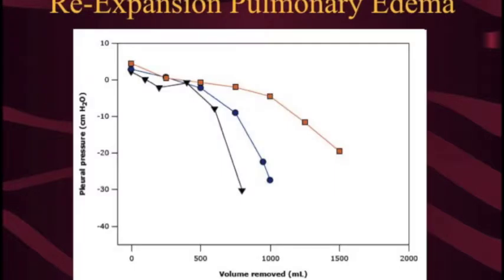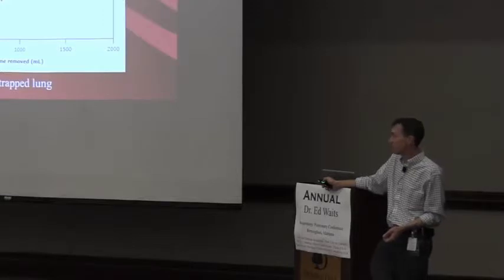These are just some examples of a trapped lung. This is your pleural pressure on the y-axis here, and this is the amount of fluid removed. The best ones to look at are these two on the left, the triangles and the circles here. As the fluid comes out, you're starting with a slightly positive pleural pressure, and then it gets more negative, and then with just a little bit more fluid, I mean, we went from 600 to 800 here, our pleural pressure went from about 0 to negative 25 in this one, and it's pretty close here.